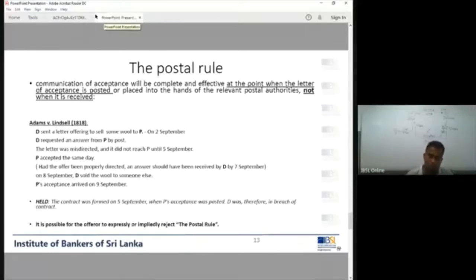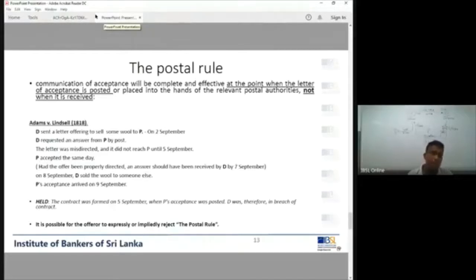On the 5th of September, the offeree has accepted the offer, has written the acceptance letter and has posted the letter on the same day. So that means the communication of acceptance is considered as fulfilled or effective. So therefore, the offer is accepted, then there is an agreement.